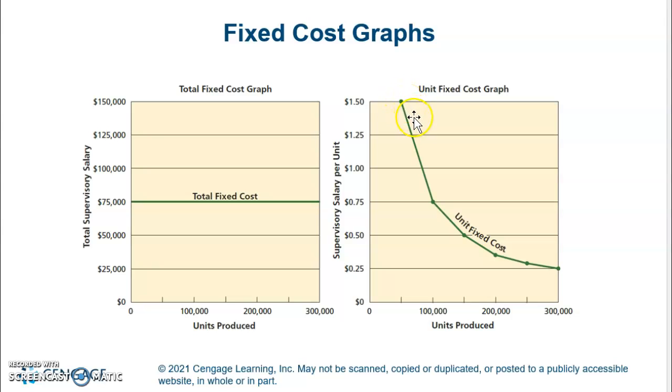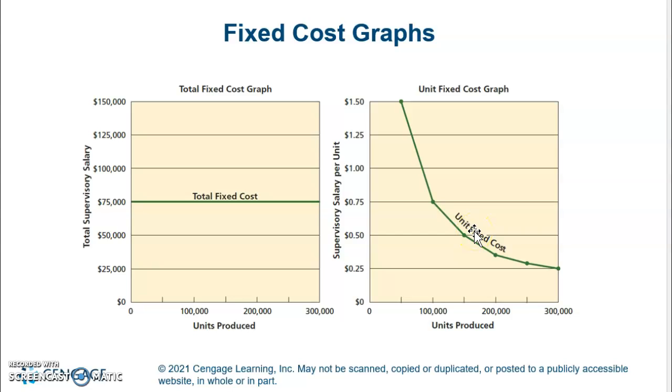But the more perfume bottles I make, the less the fixed cost will be per bottle.